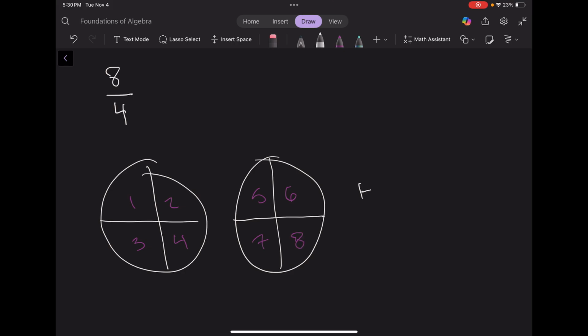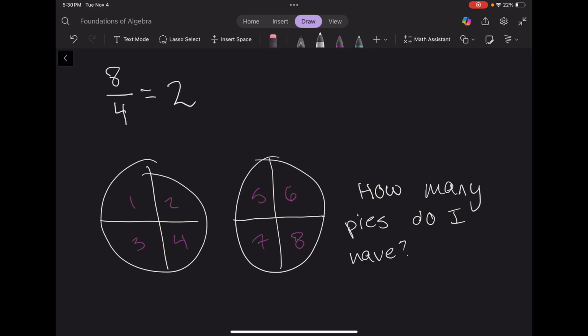How many pies do I have? We have 2 pies. This is the same thing as 8 divided by 4, which is 2.